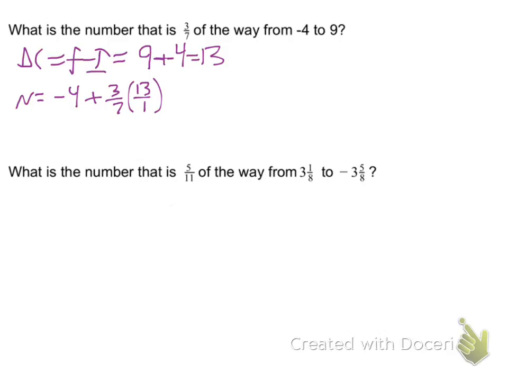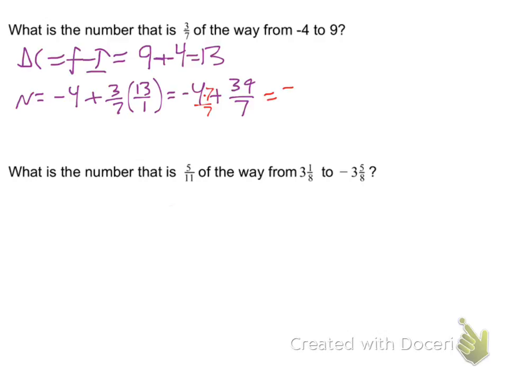And how do we multiply fractions again? You multiply across. What's 3 times 13? Over, we've got to have a common denominator of 7.